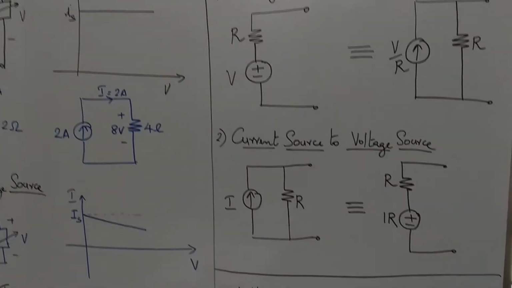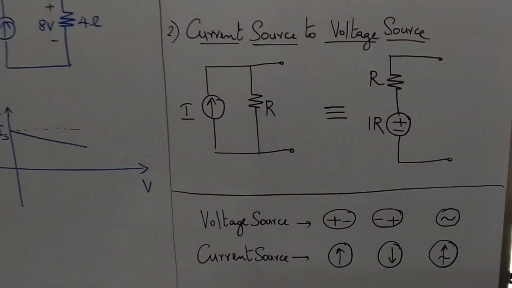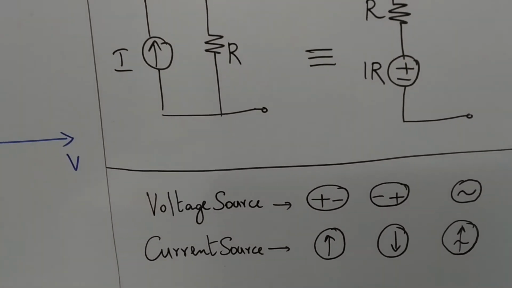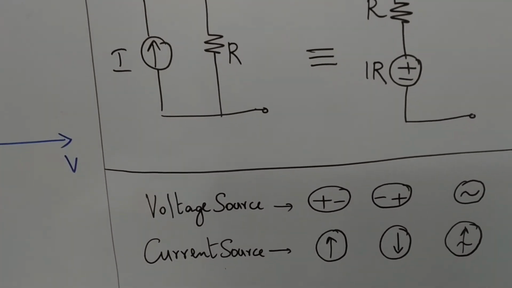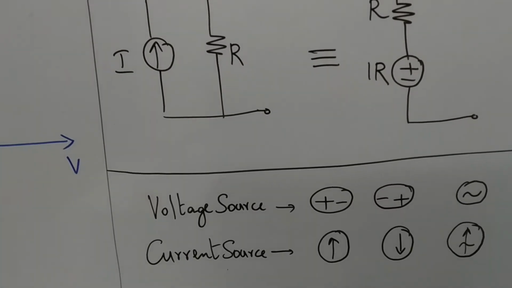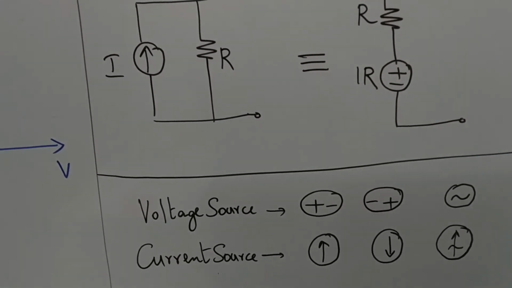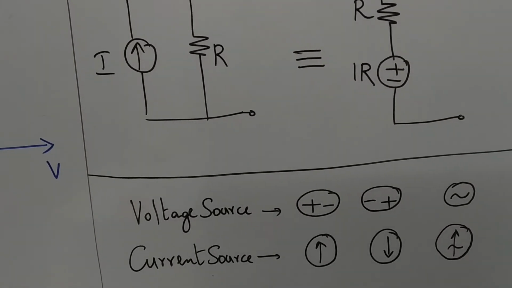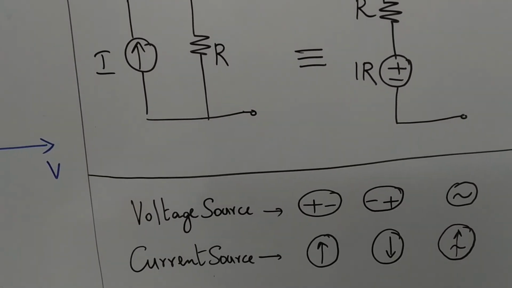Now I forgot to mention how to notate voltage source and current source. These are things which you already know. A voltage source, DC voltage source, is denoted by plus minus or minus plus depending on its polarity. Whereas an AC source, voltage source, is denoted by showing a sine wave inside a circle.